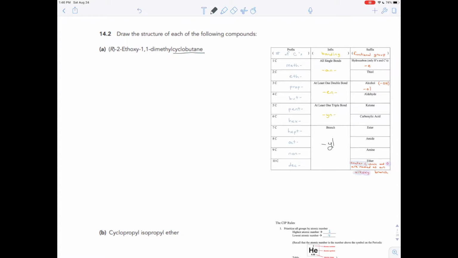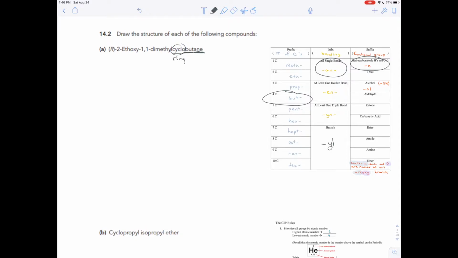Here, the prefix we're dealing with is bute, and that means this is going to be a four-membered chain. We have all single bonds because AN, and it's only hydrogen and carbon we have to worry about because the suffix is E. One thing that might make this a little tricky is that cyclo there, and remember that means you're going in a ring.